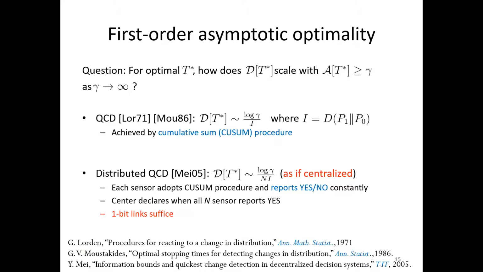That is, for an optimum T, that is the stopping rule, how does the delay scale with the mean time to a false alarm? We know some partial results. For the QCD, I just mentioned that the scaling is log gamma divided by the divergence I here.